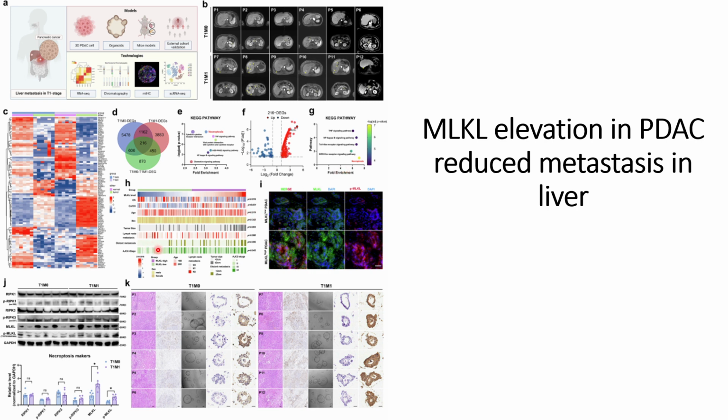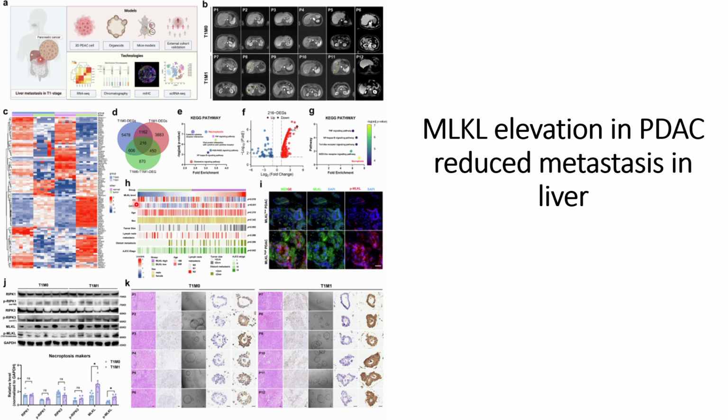Thereafter, they checked the survival possibilities of the patients that have high necrosis. In this case, OS represents the survival probability, and what they found is that the patients that have high necrosis, or high MLKL genes, have the lowest survival possibilities, which can be seen here.